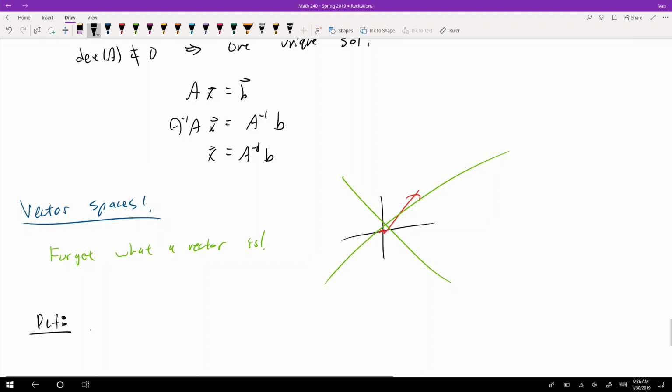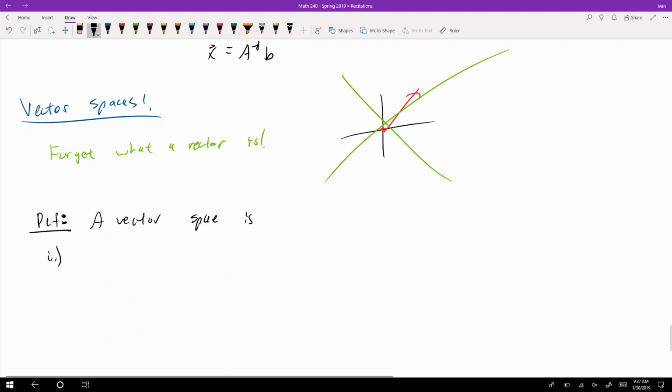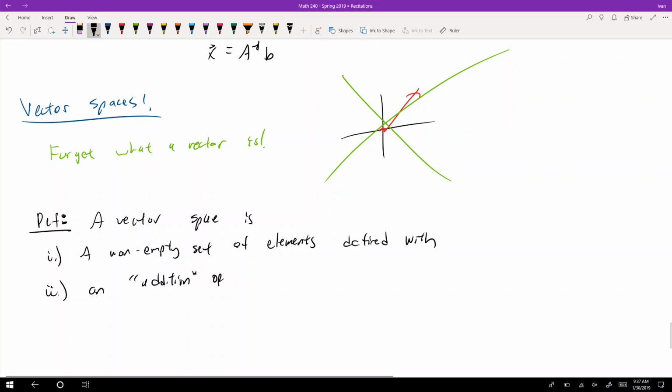Let's give the definition of a vector space. A vector space is a non-empty set of elements defined with an addition operation, denoted as plus, and a scalar multiplication operation, which is called times or dot.